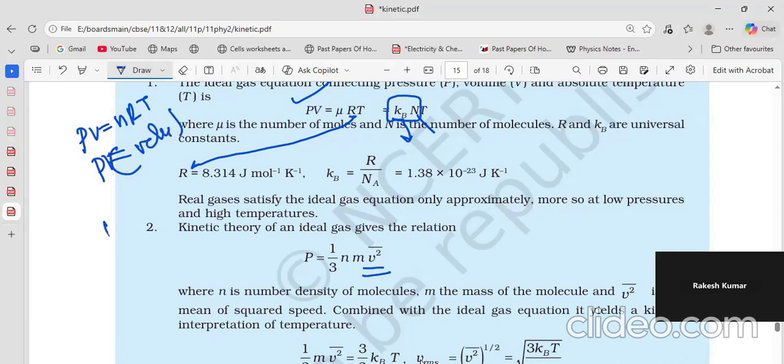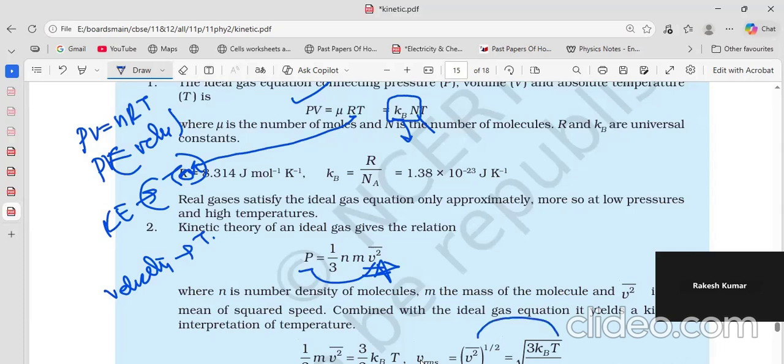Then you have got a connection of kinetic energy dependent on temperature. And once you know that, you can get the velocity's dependence on temperature. So pressure and velocity are connected, and velocity and temperature are connected.